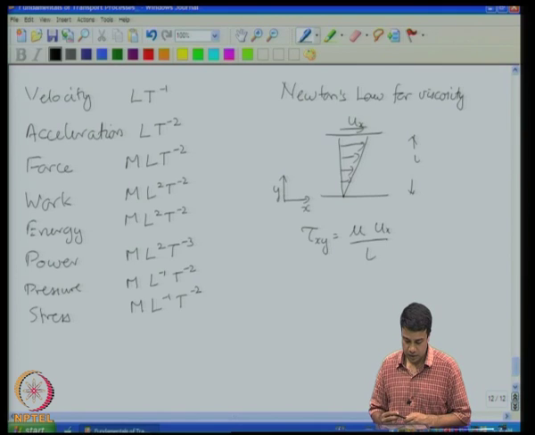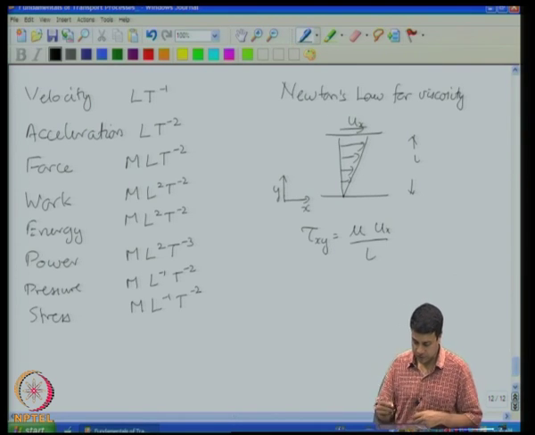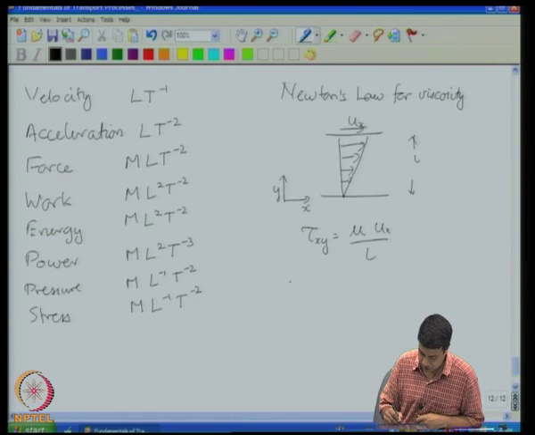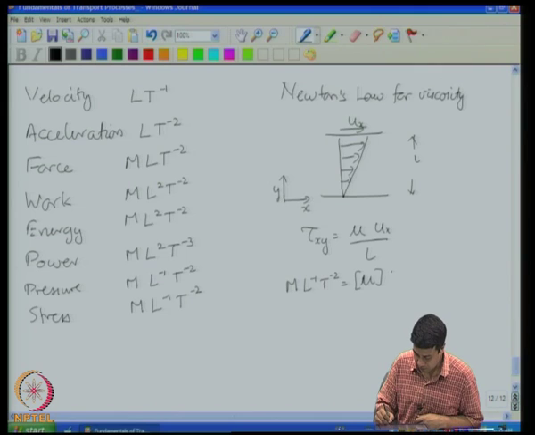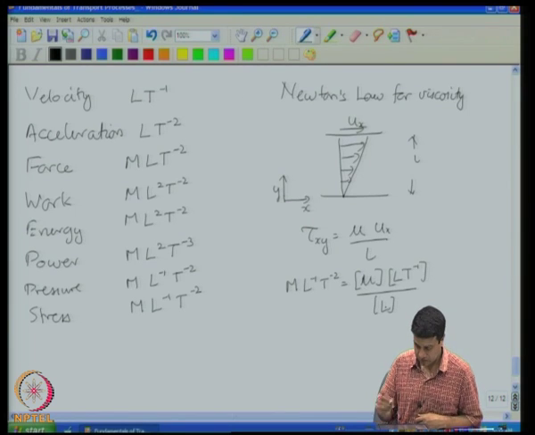Let us try to write this in terms of dimensions to get the dimension of viscosity. The dimension of stress, m L inverse t power minus 2, is equal to the dimension of viscosity times the dimension of velocity divided by the dimension of length.